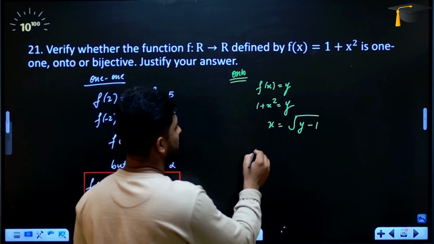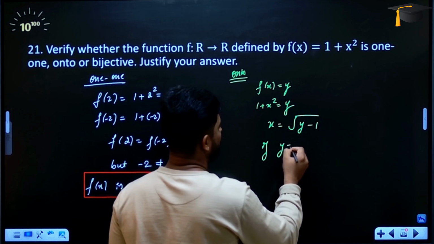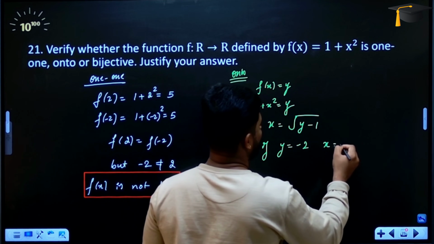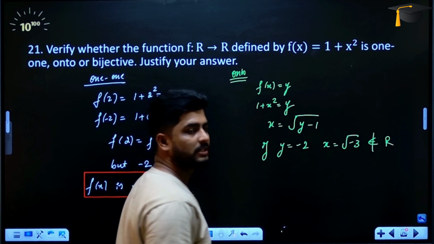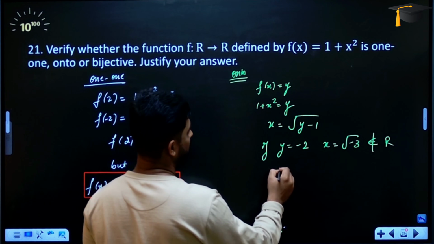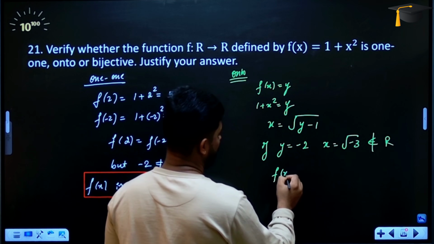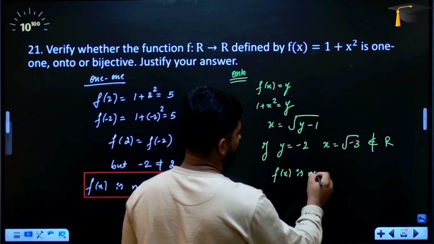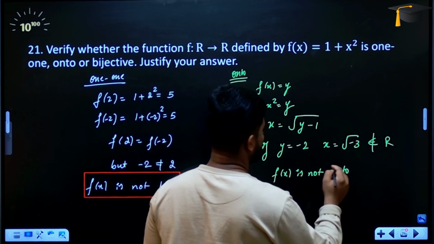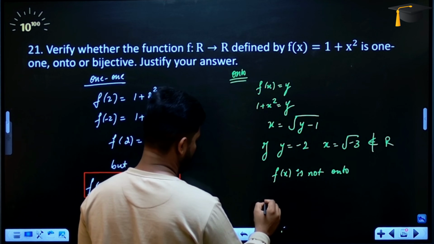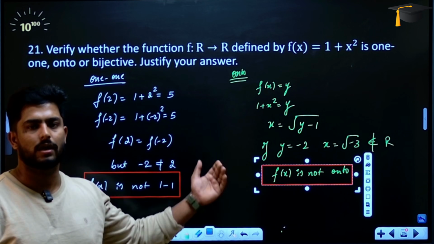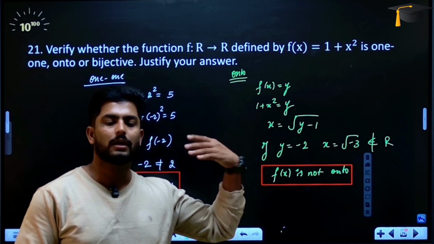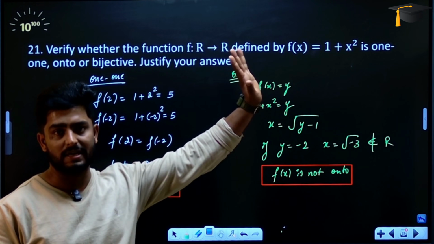If y is equal to minus 2, x is equal to square root of minus 3, which does not belong to R. Hence we can say f of x is not onto. Okay, this is enough, no? We have shown that f of x is not 1-1 and not onto. If you do this much, you'll get 5 marks.